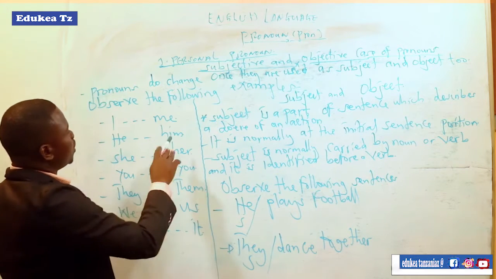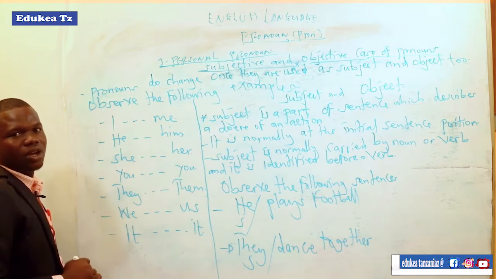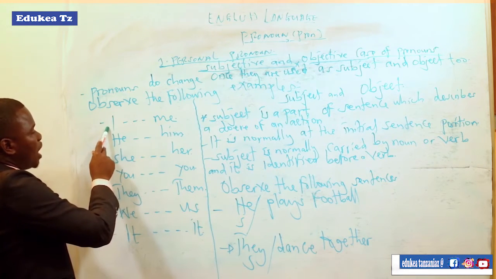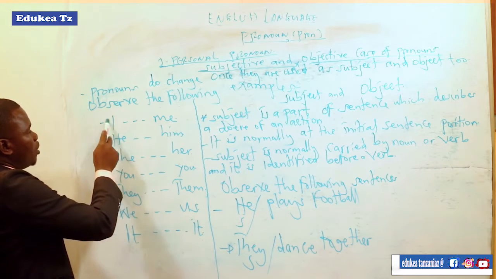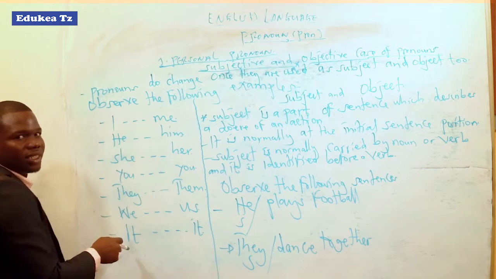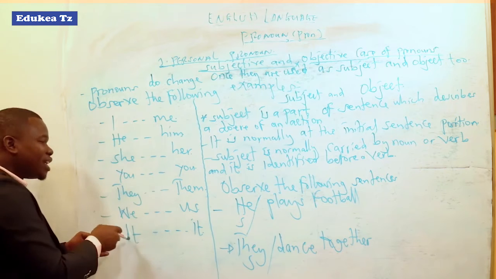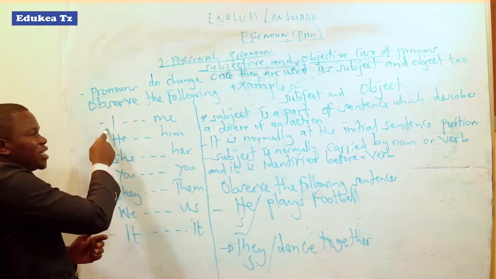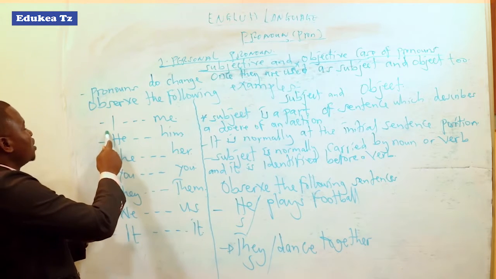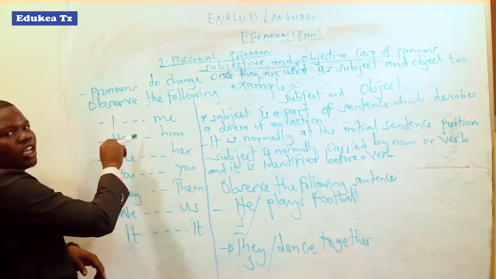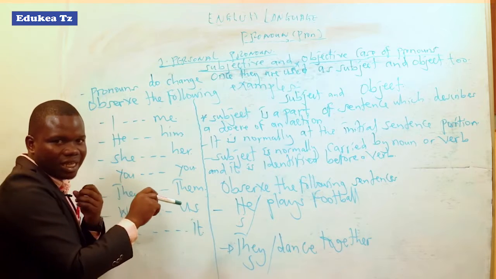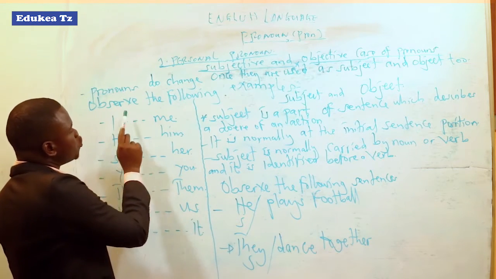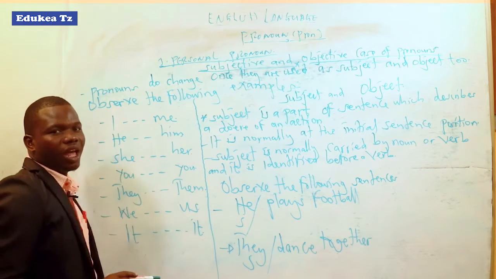Let us observe the following examples. We have a pronoun like I. This I is in the subjective case. But once it is used as an object, or in the objective part of a sentence, it changes from I to me.